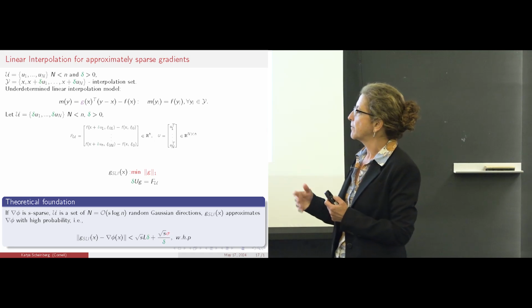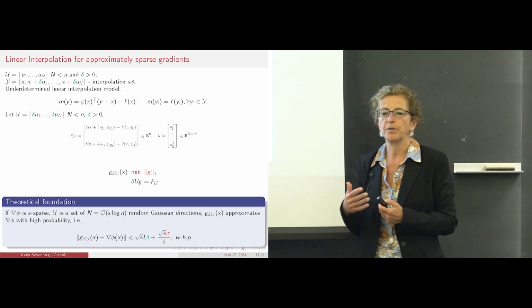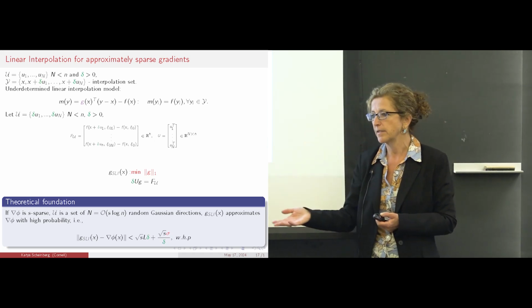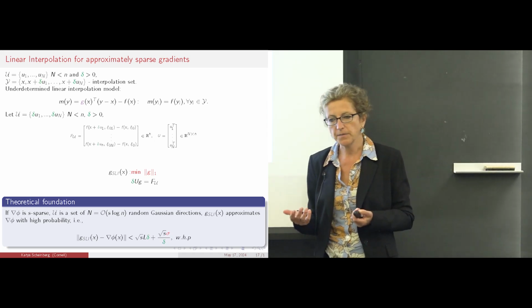Now let's imagine that my gradient actually is not expected to be dense. It's expected to be nearly sparse. I don't know the sparsity pattern, but somehow it's nearly sparse.